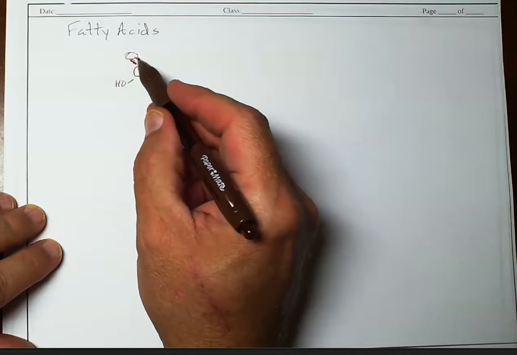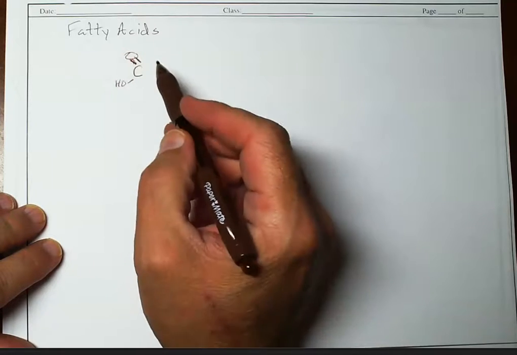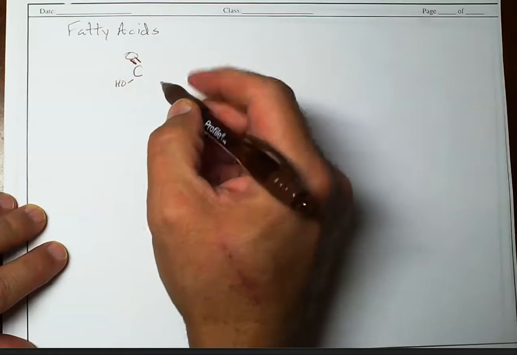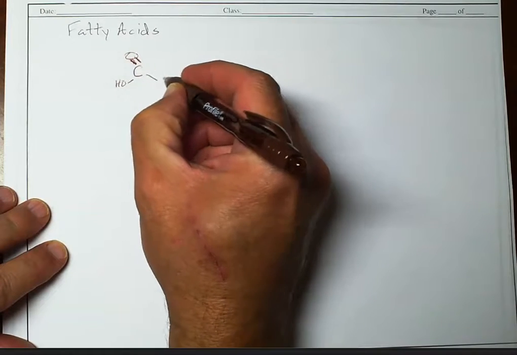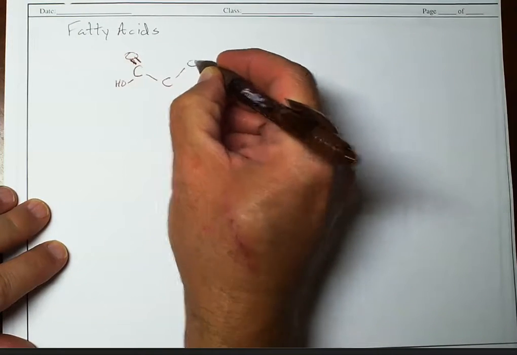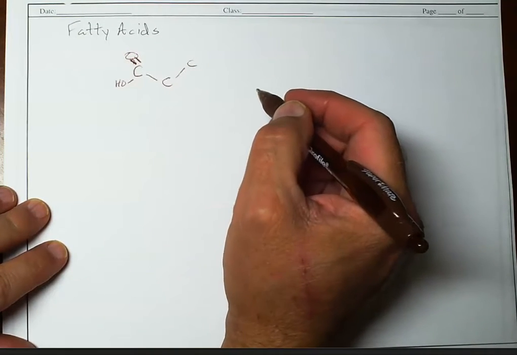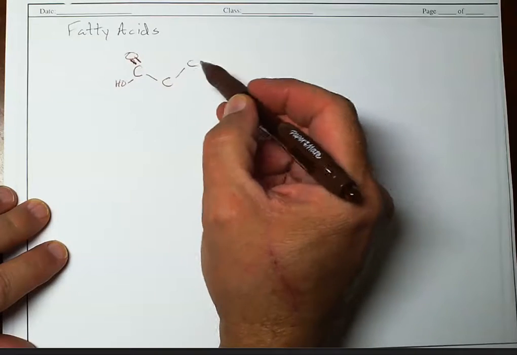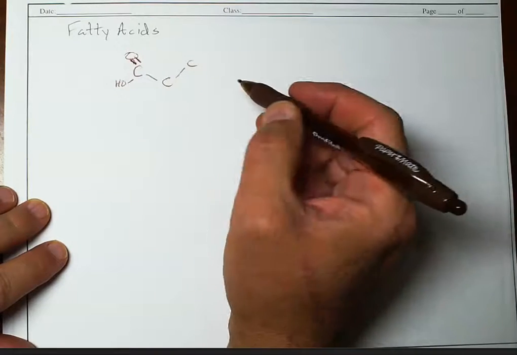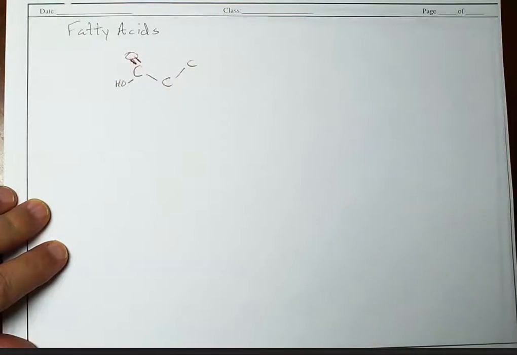All right, so to make them fatty, beyond the carboxyl group, we need to have a chain of carbons. Now, to be considered a fatty acid, there need to be a minimum of 3 carbons, but realistically, most of them are going to have 6 to 20.